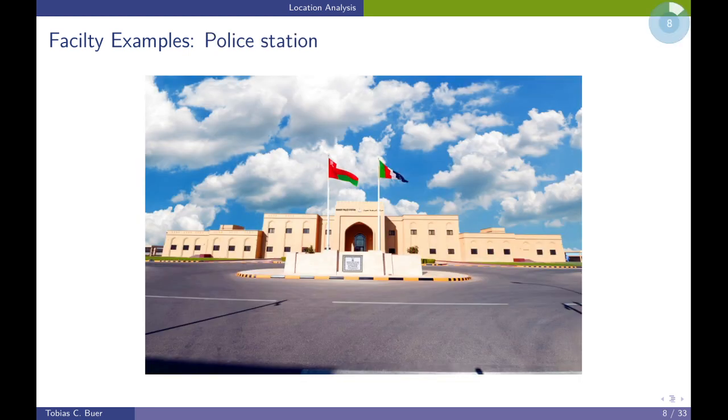Another facility, think of the public sector, are police stations. Police stations provide services, for example, vehicle registration in Oman, or they host police officers that need to be able to cover the whole city. So in case a crime is happening, the police officers are quickly at the location and can help.